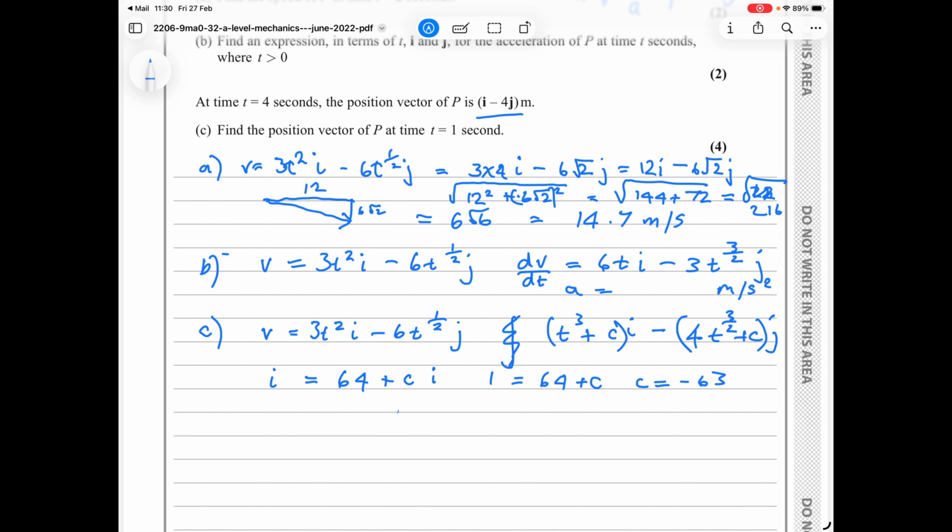Now j is minus 4. So minus 4 equals 4 to the power 3 over 2. That would be 4 to the half, which is 2, cubed, which is 8.